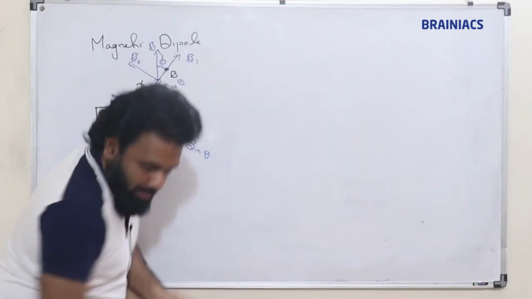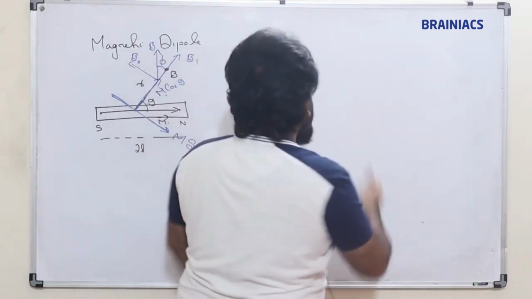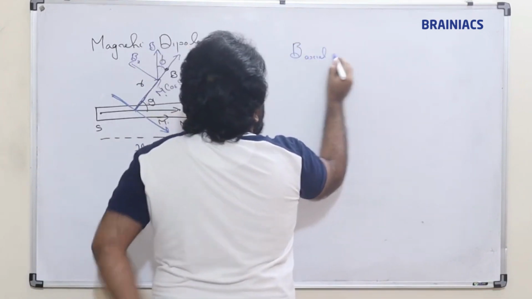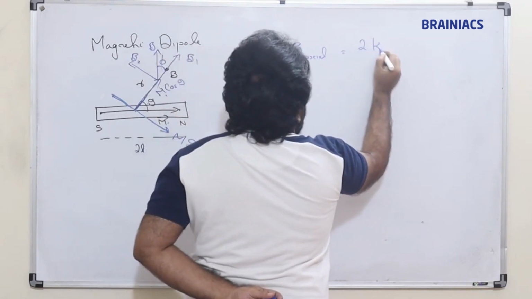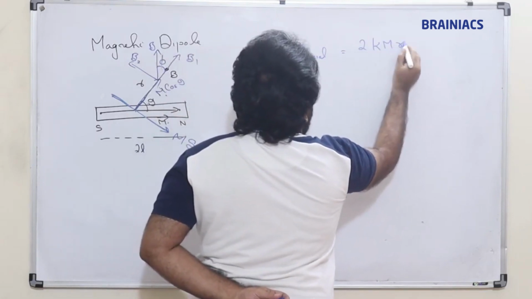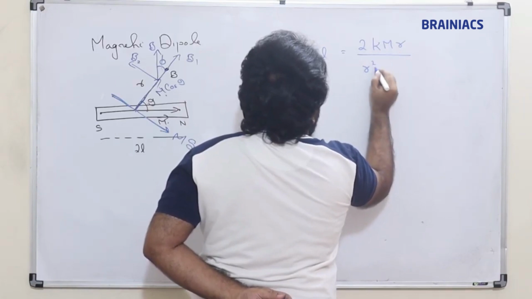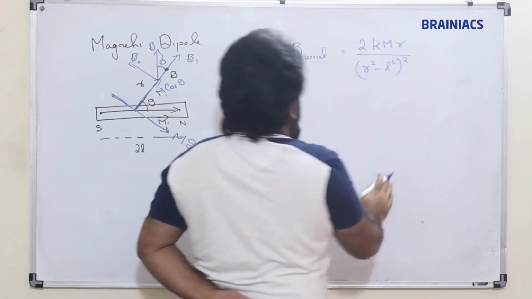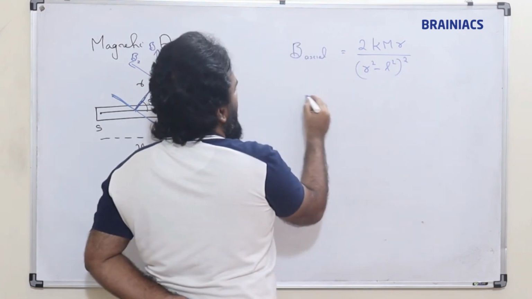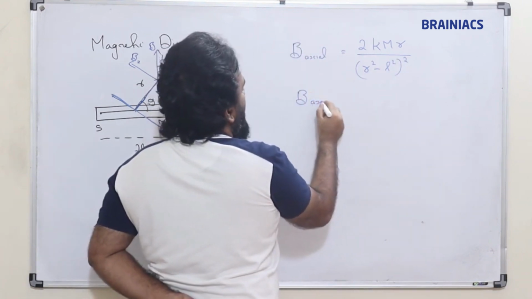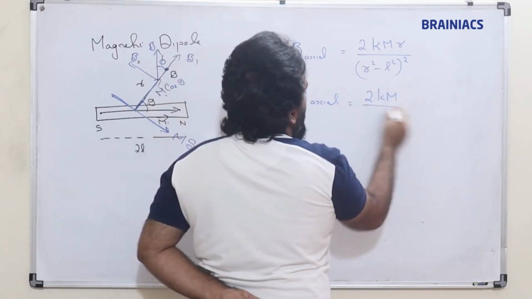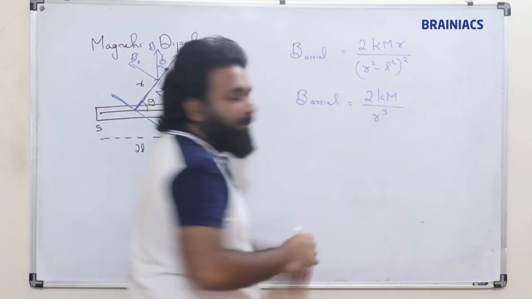Now see, the magnetic field along the axial line is 2kmr divided by (r square minus l square) all square. So for a short dipole, this is going to be 2km divided by R cube.